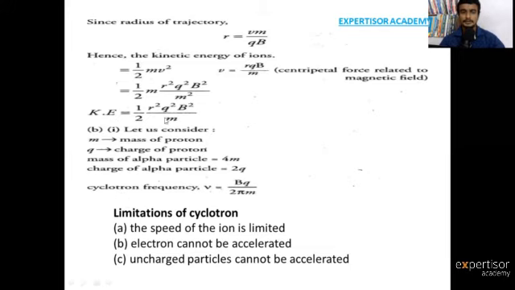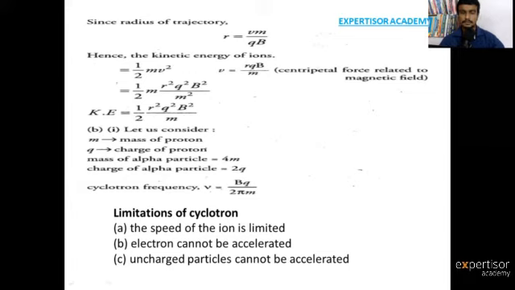Keep these two values, 4m and 4q square, the 4 cancels. So what is the remaining one? Half into r square, q square into B square.